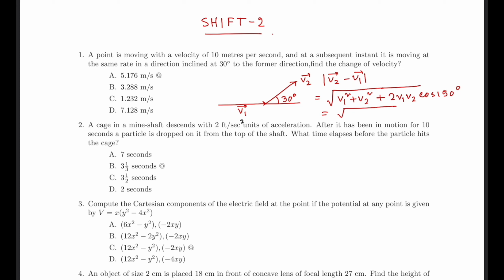Since v1 square and v2 square are the same, you have 2 v1 square plus 2 v1 square into cos 150, which is minus cos 30. Cos 30 is root 3 by 2. You plug in v1 square as 100, because the velocity has a magnitude of 10. If you do that, you will get this equation, and this number 5.176, option A.